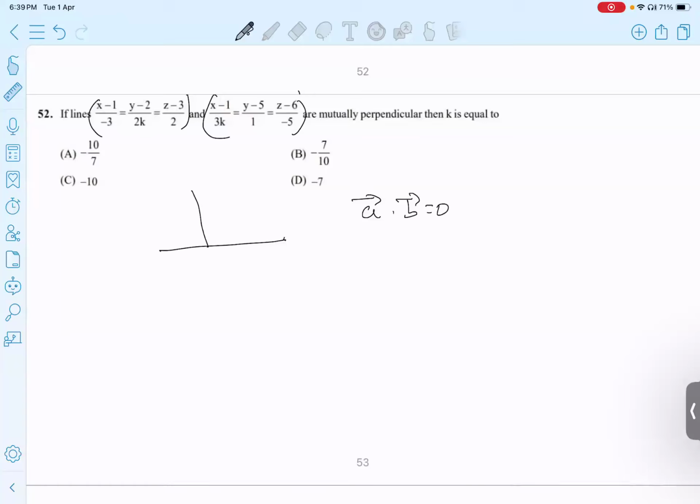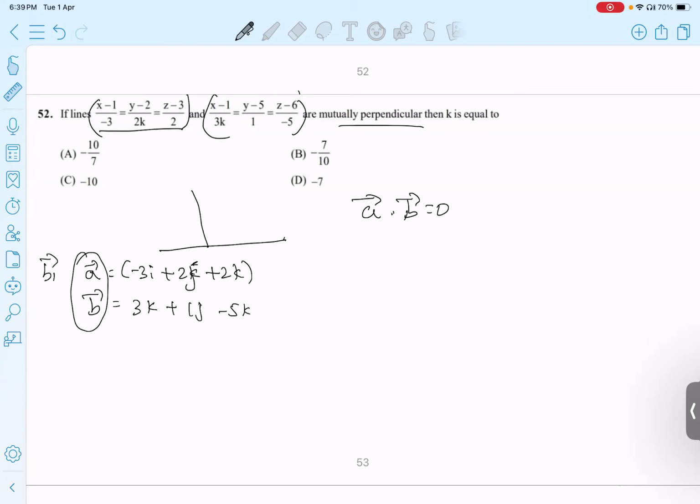Given two vectors are mutually perpendicular, students, so its dot product will be equal to 0. So now let us consider A vector as minus 3i plus 2j plus 2k, and B vector as 3k i plus 1j minus 5k. So this can also be written as B1 vector and B2 vector.